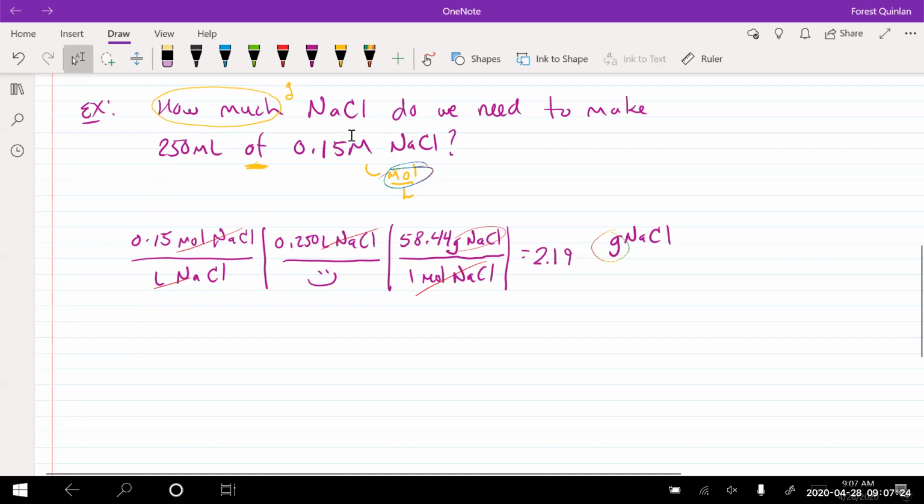We see the molarity. We reminded ourselves that molarity is moles over liters, and we know that moles are grams and grams are moles. It's just a conversion from the periodic table. Once you remember that, we are able to start getting rid of stuff that we don't need, namely these liters right here. We need to cancel them out.